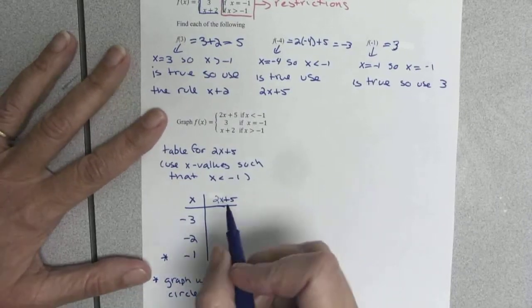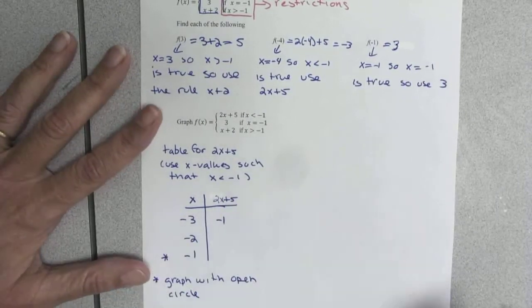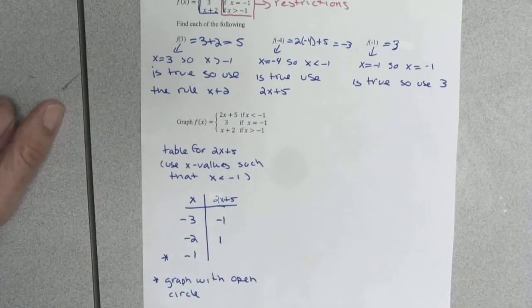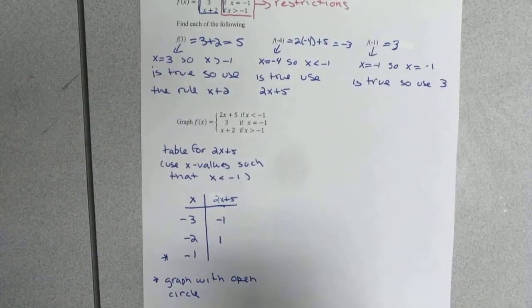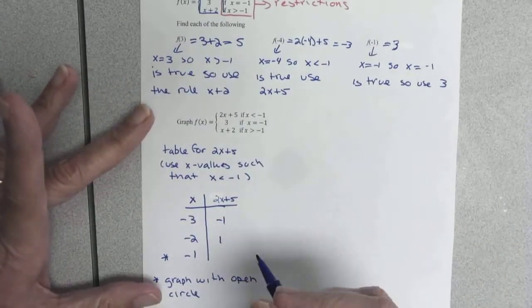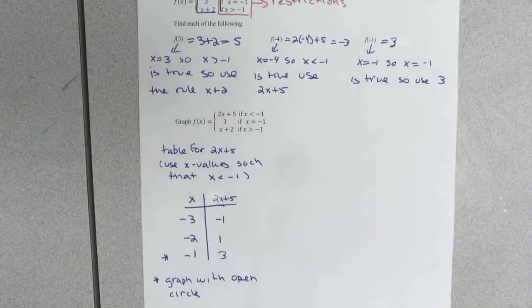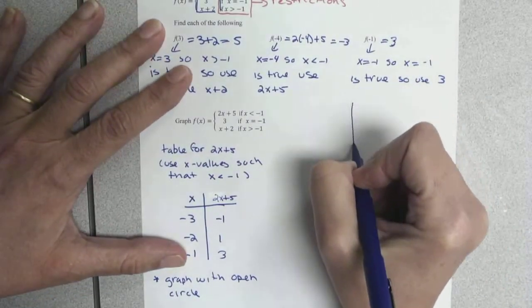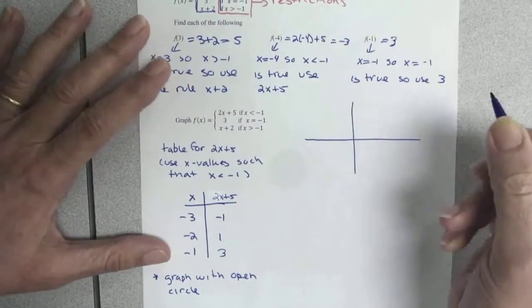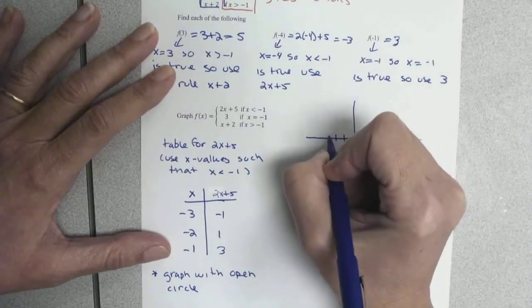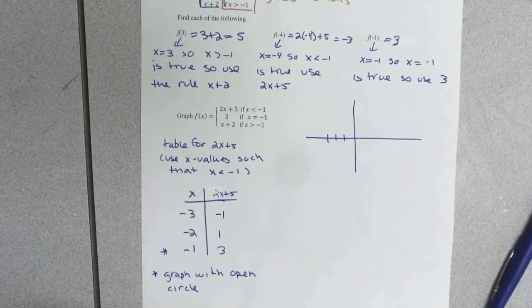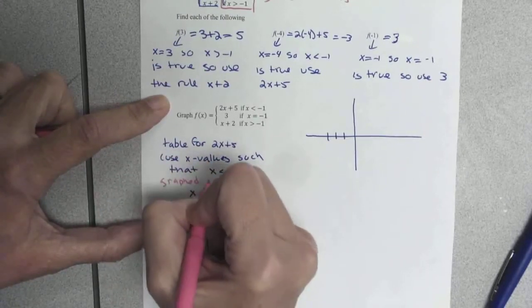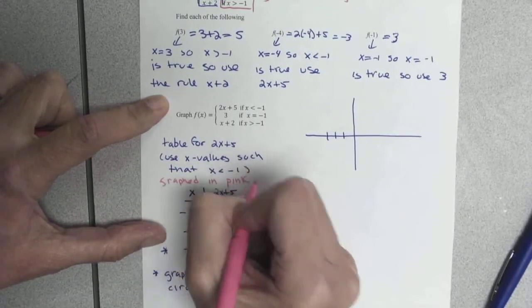So let's plug in here. If I plug in -3, that's going to give me -1. If I plug in -2, that's going to give me 1. And if I plug in -1, I will get 3. And so let's go and graph this up here. We'll graph this in pink.